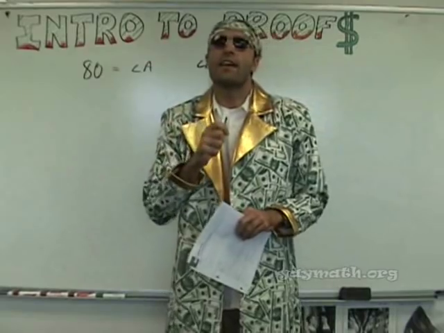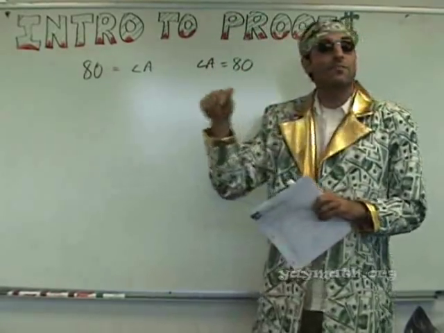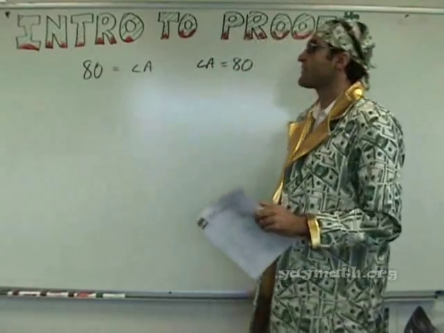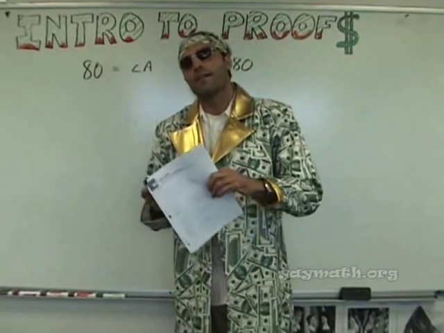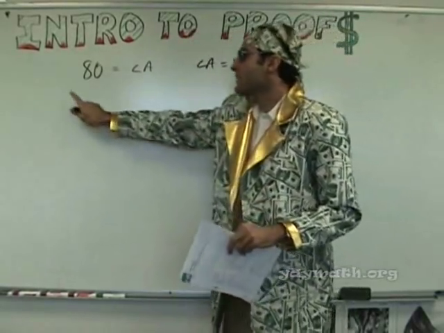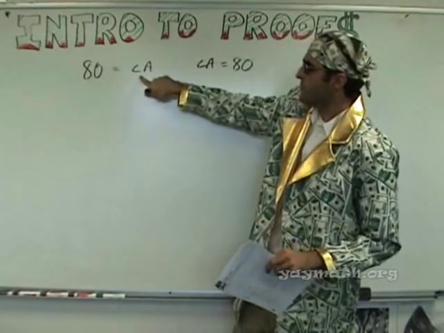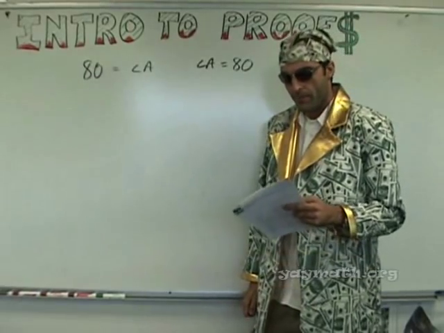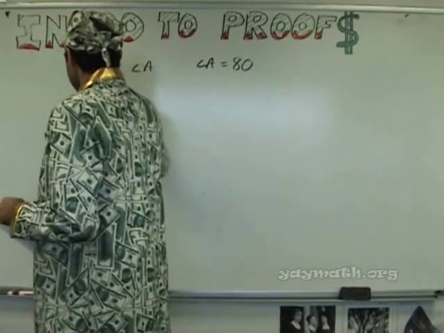Reflexive would be A equals A. Commutative would be A plus B equals B plus A. Transitive? Nope. It's the symmetric property: if A equals B, then B equals A. Notice you switch over the equal sign. The next one's very relevant. It's going to come up a lot.